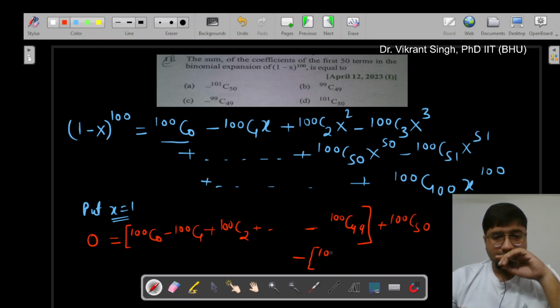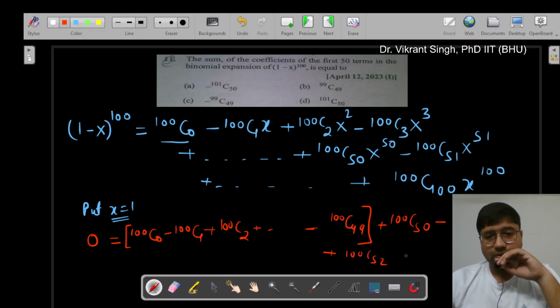And from here 100c51 and 100c52 up to plus 100c100.